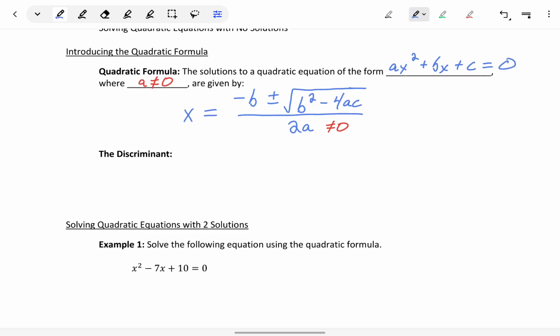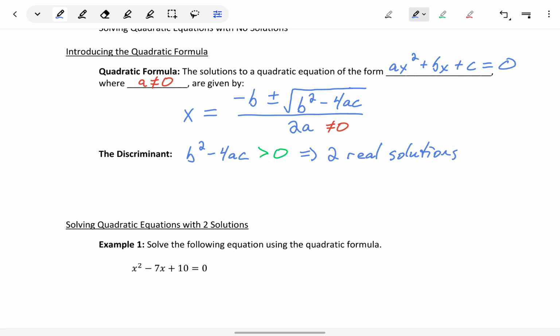Built into this expression is something that we refer to as the discriminant, which is that expression b squared minus 4ac. If that expression under that square root sign is greater than 0, then that means we'll have two real solutions. That is, we'll have two solutions.